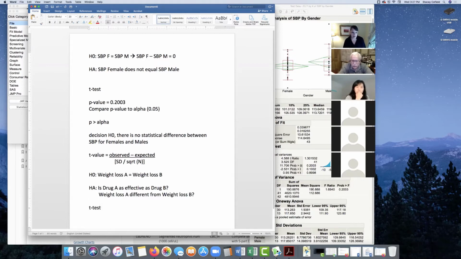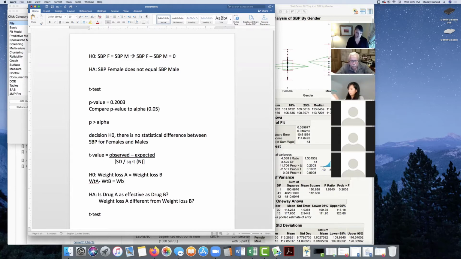And when we think about our null hypothesis mathematically, I can go from weight loss A equals weight loss B, to weight loss A minus weight loss B equals weight loss B minus weight loss B. Do you remember that from algebra?